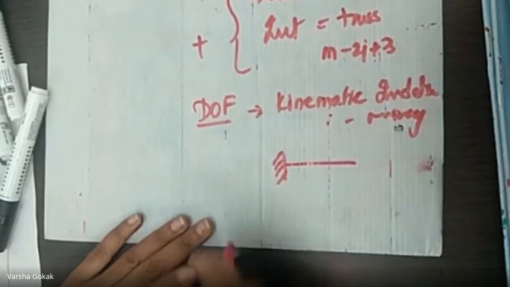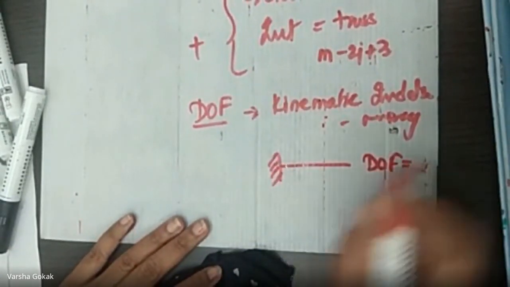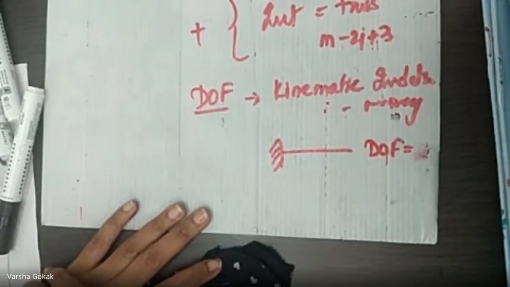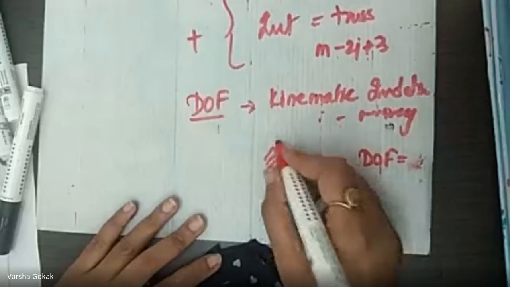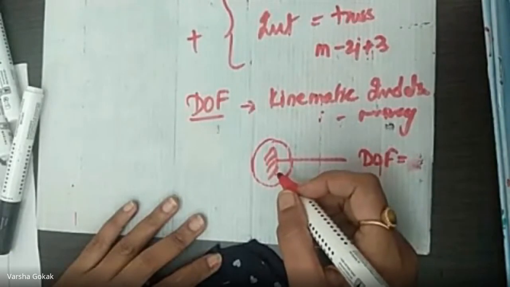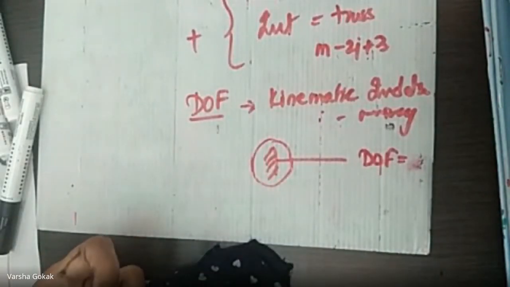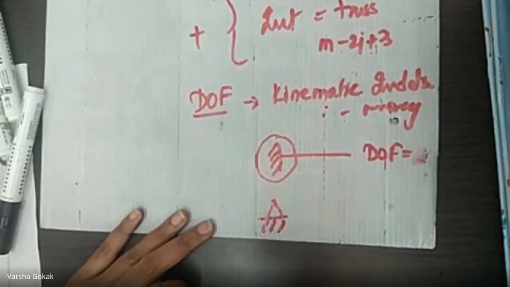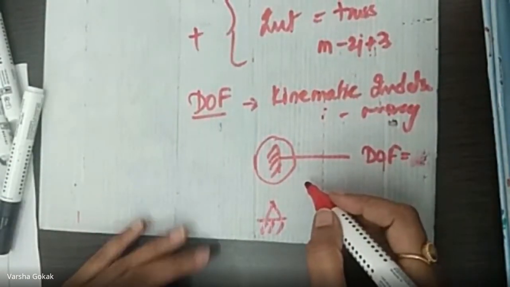So when I have a hinge, what is my degree of freedom here? One. Which one? Rotation. In case of fixed, is rotation there? Zero. I drew a fixed and I said hinge. For a fixed, tell me. Zero, no rotation.